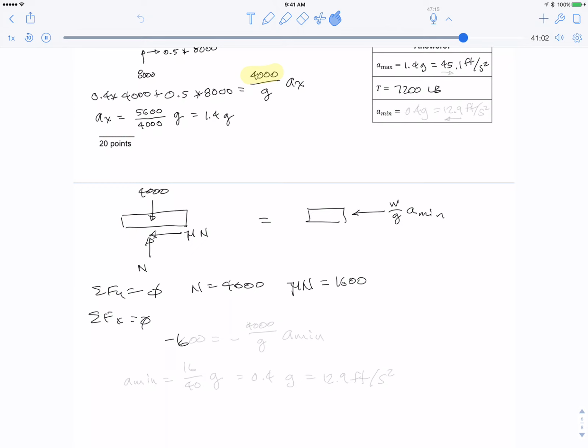We get minus 1,600 equals minus 4,000 over G times A min, and so you get A min equals 16 over 40 G, and that equals 0.4 G, which is 12.9 feet per second squared.